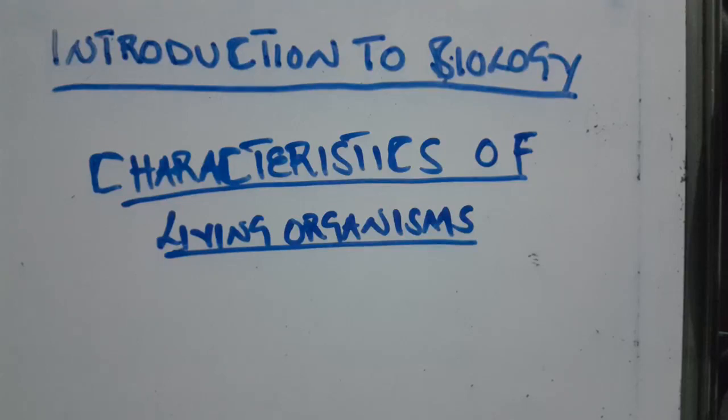We are simply talking about the features that will make you able, when you look at these organisms, to say, okay, this is a living organism and this is not a living organism.